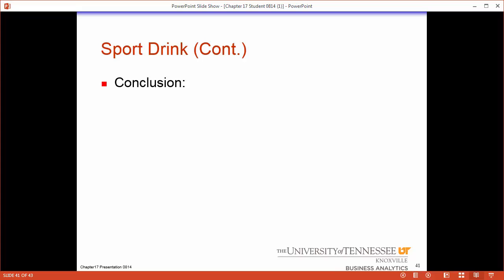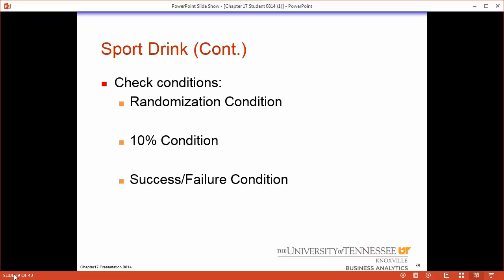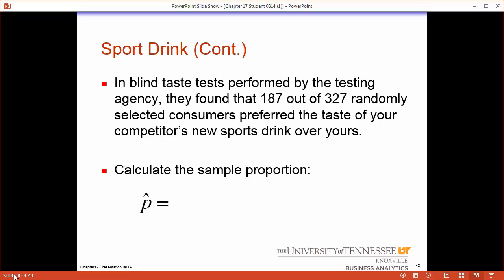The next thing it asks for is the number of successes, x, which here is 187. Next, it asks for the sample size, which is 327. And then it asks for the alternative, and I'm going to pick less than the hypothesized proportion.